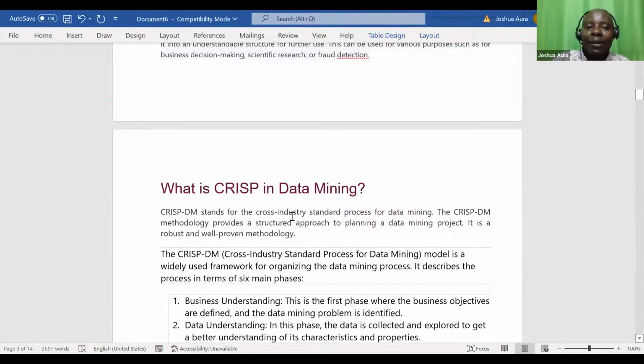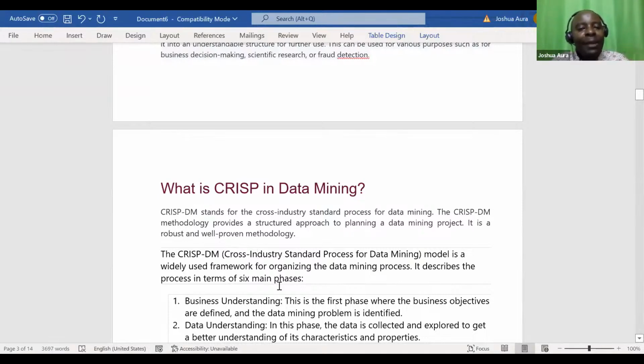The CRISP-DM methodology provides a structured approach to planning a data mining project. It is a robust and well-proven methodology. The CRISP-DM, I'm again repeating this, cross-industry standard process for data mining model is a widely used framework for organizing the data mining process.